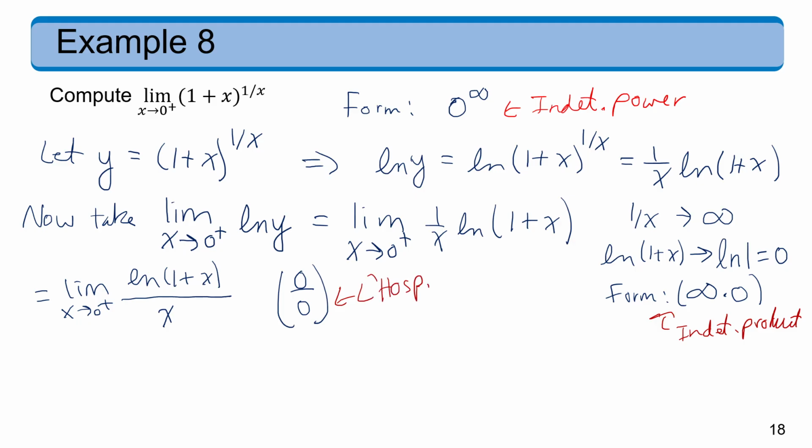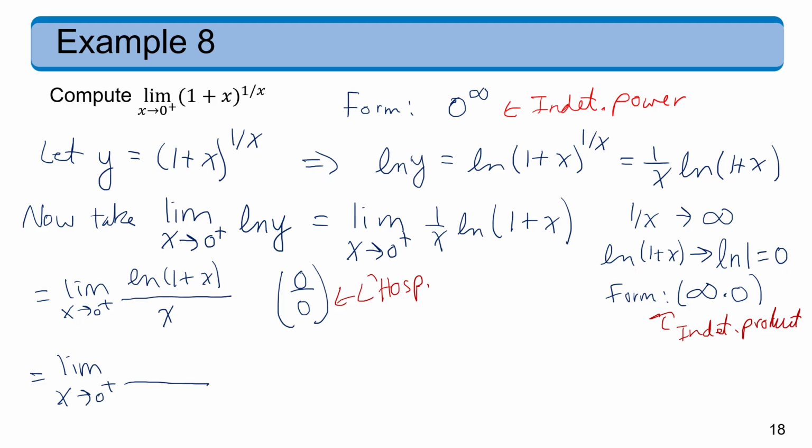Okay, so in our next simplification, we're rewriting it as a new limit. In the numerator, we take the derivative of ln(1 + x). That's a chain rule problem, right? If it were just ln x, the derivative would be 1/x.